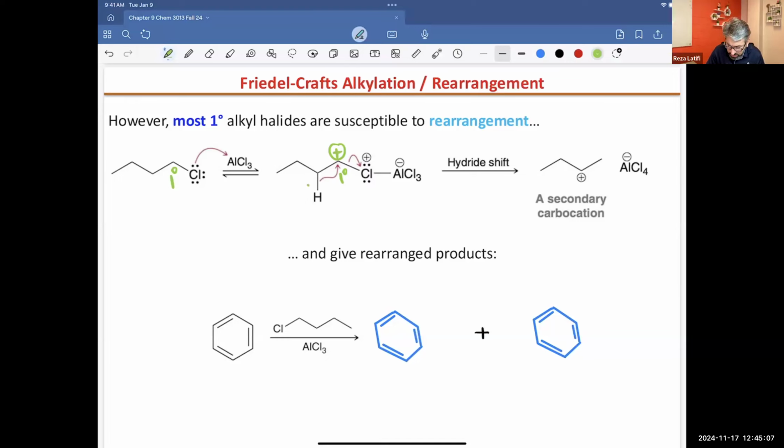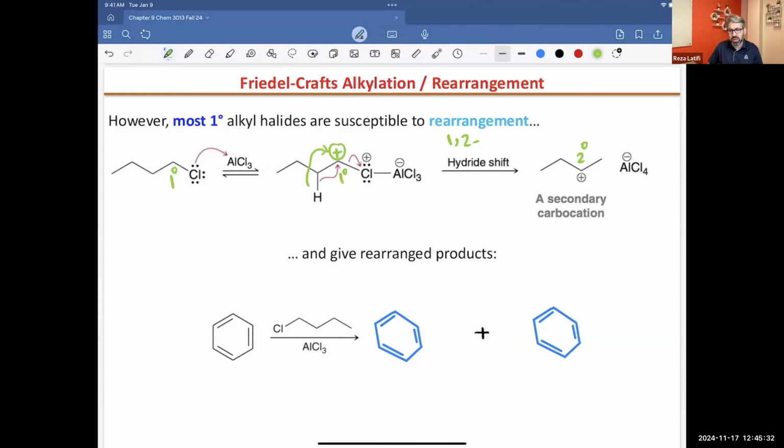In that case, a hydrogen is going to migrate and shift to that carbon, a 1,2 hydride shift. If that happens, instead of a primary carbocation, we will get a secondary carbocation. Now your carbon is a secondary carbocation, and that carbon is an electrophile.